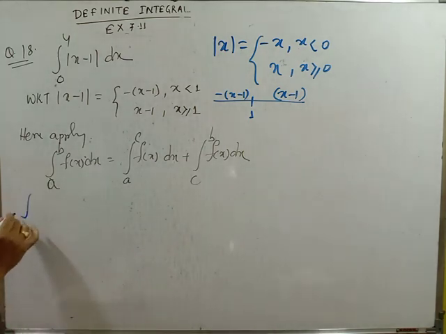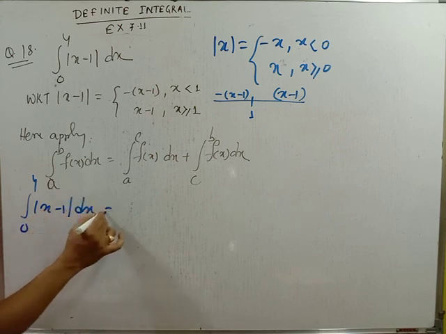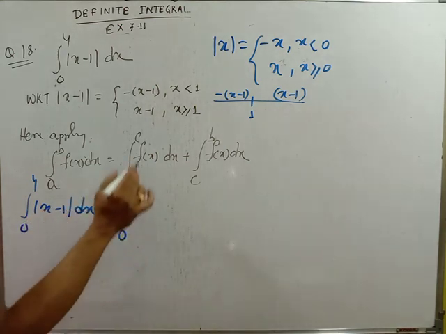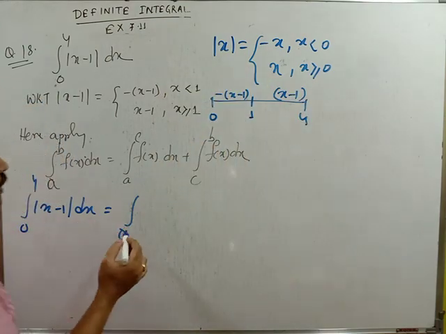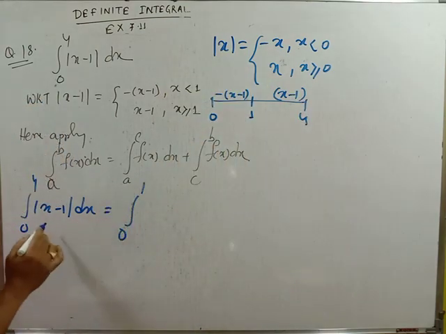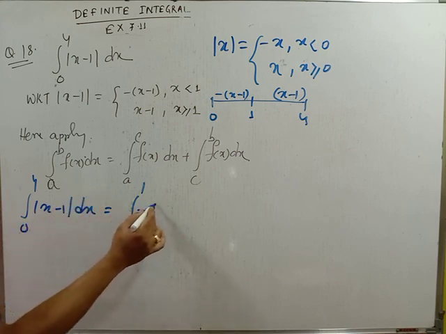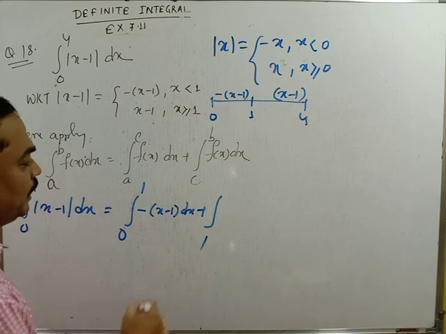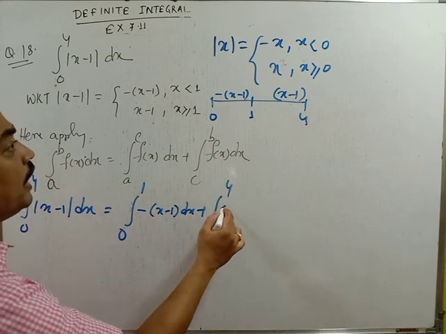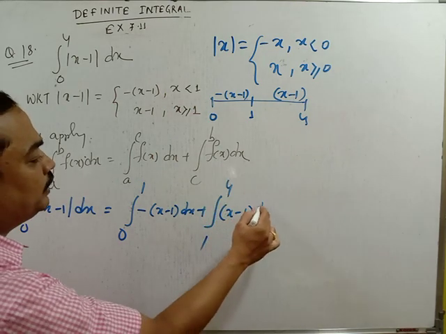So this integration 0 to 4 of mod x minus 1 dx can be written as, where the limit changes, if you are taking 0 and this is 4, the limit is 0 to 1. For 0 to 1 the function will be minus of x minus 1 dx, plus 1 to 4 of x minus 1 dx.